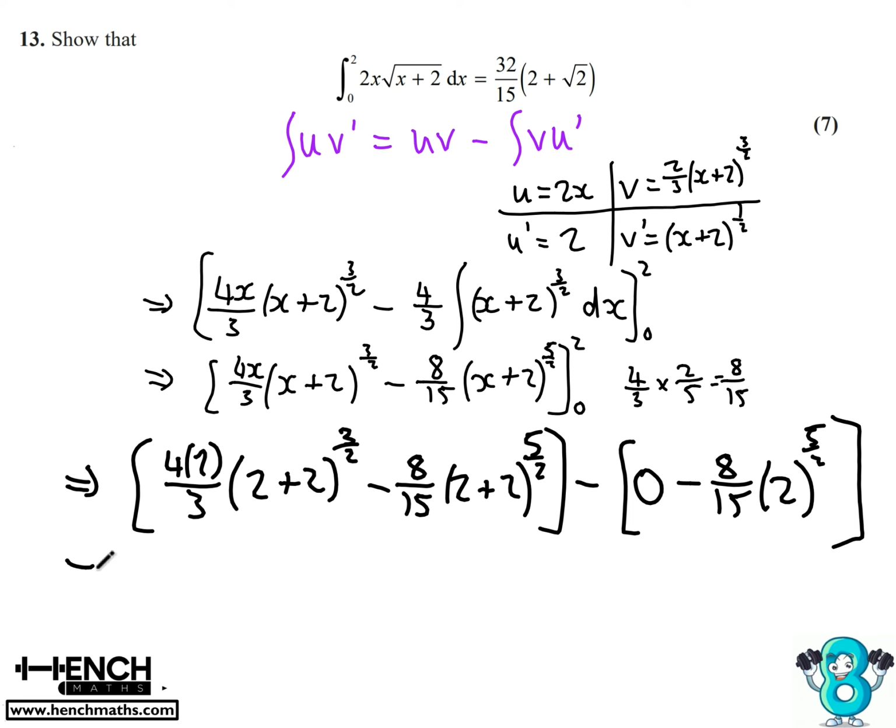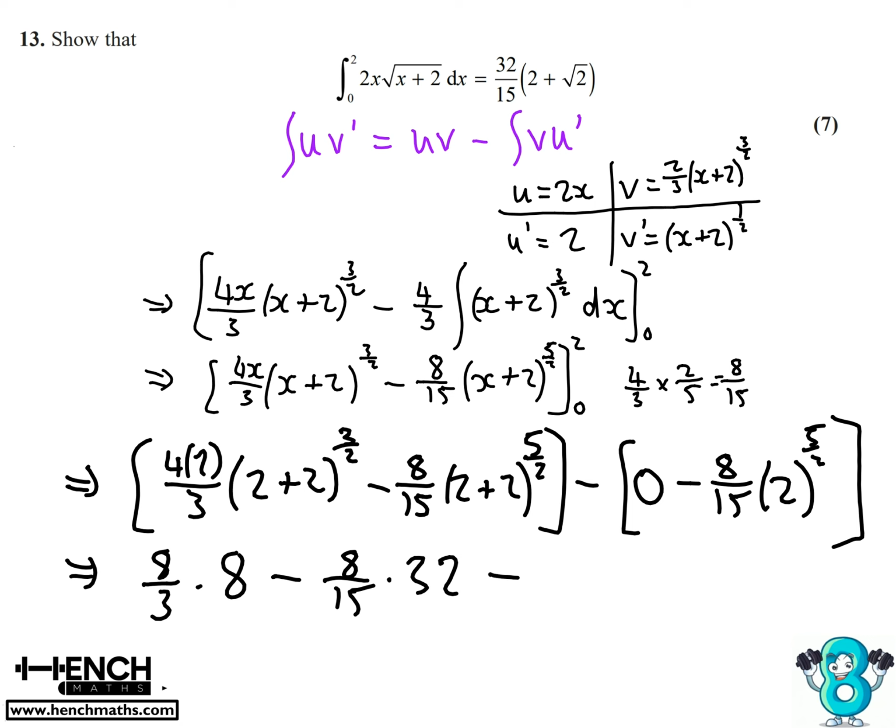Now let's try and sort these out. So 8 over 3 multiplied by, so 2 plus 2 is 4 to the power of 3 over 2, so that's the square root of 4, which is 2, cubed, so that's multiplied by 8. And then we're going to get 8 over 15 multiplied by 4 to the power of 5 over 2, so the square root is 2 to the power of 5, so we multiply that by 32.